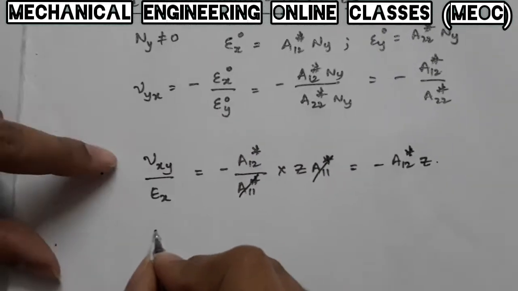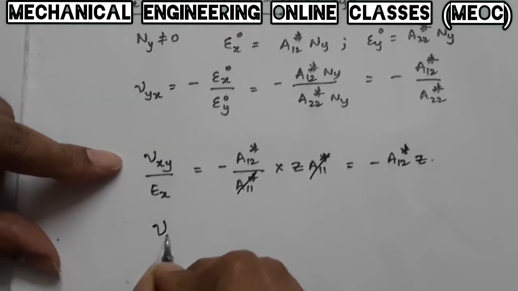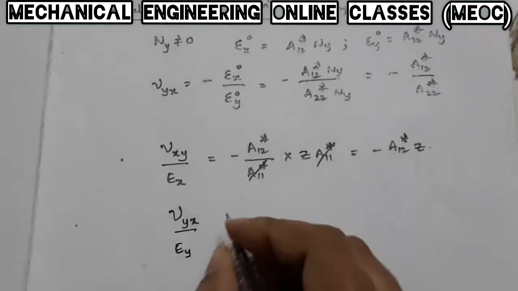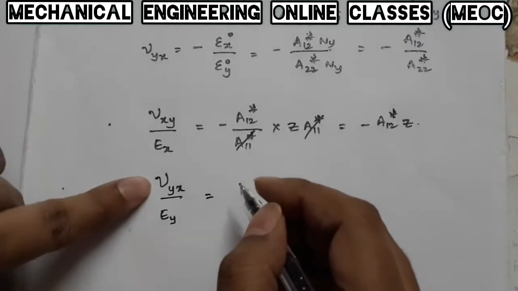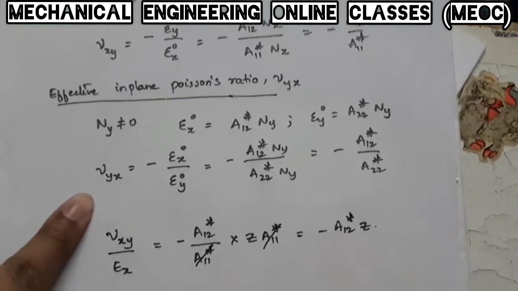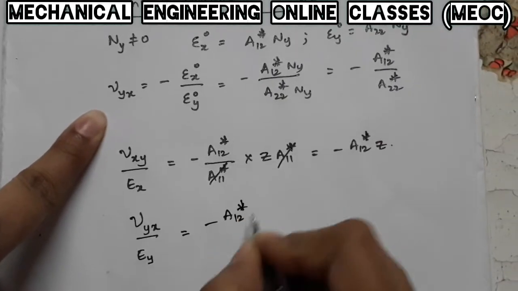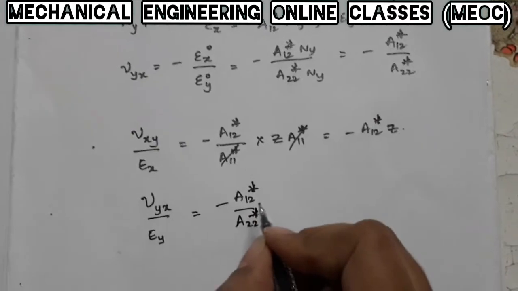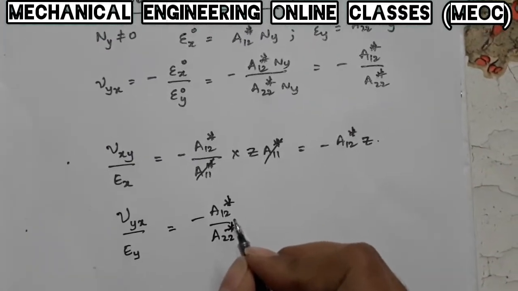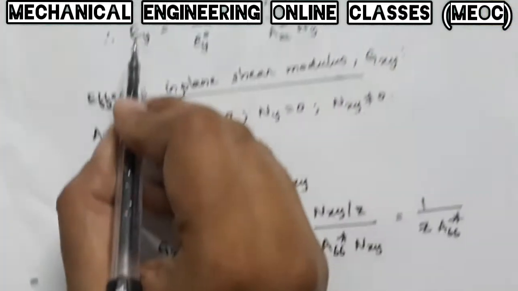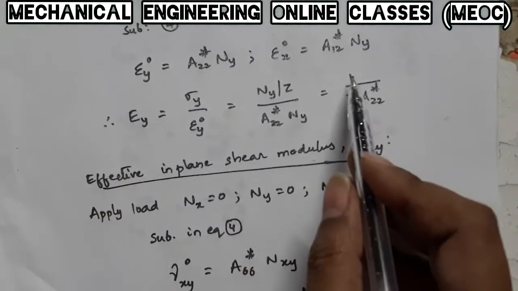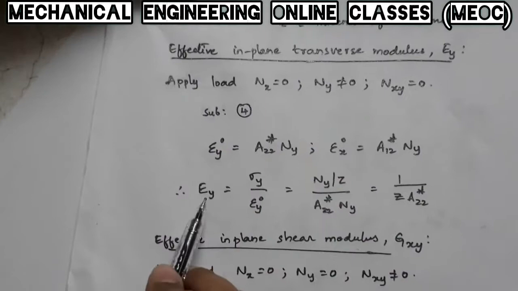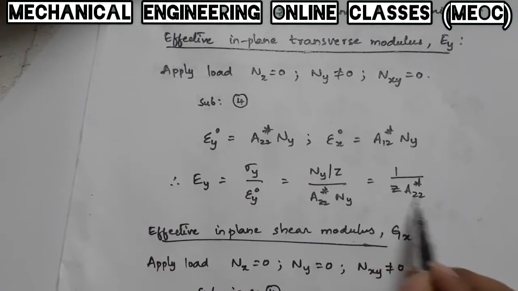Now I'll again find out what nu yx divided by Ey is. What is nu yx? It is minus A12 star divided by A22 star into 1 by Ey. We know the value of Ey as 1 by z into A22 star.